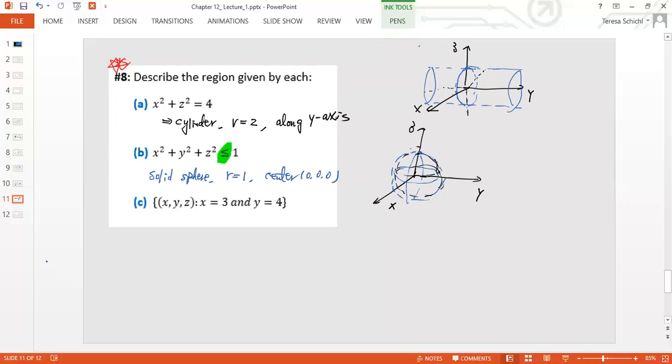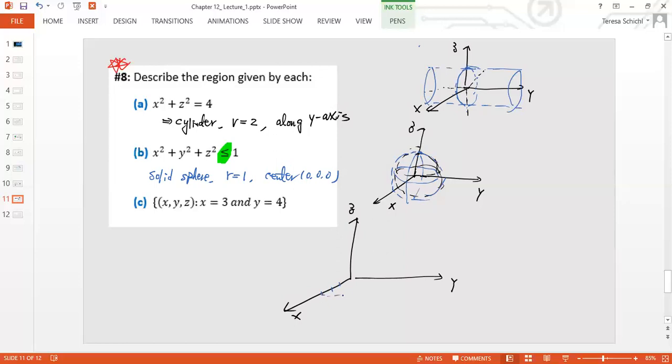Okay, now let's take a look at part C here. This is X, this is Y, and this is Z here. Now, x equal to 3, so 1, 2, 3.